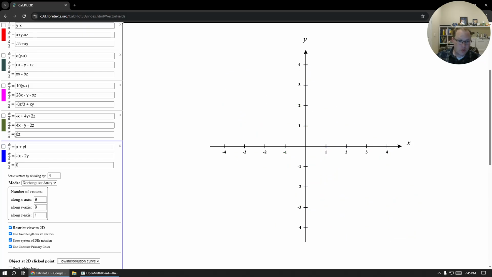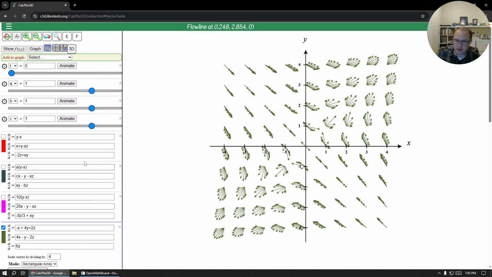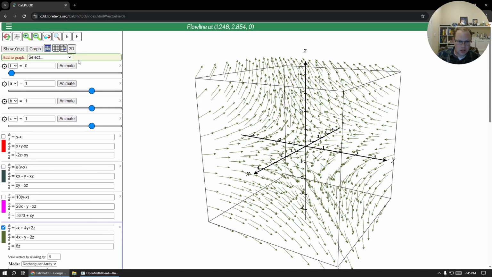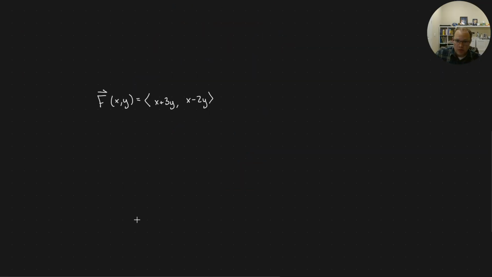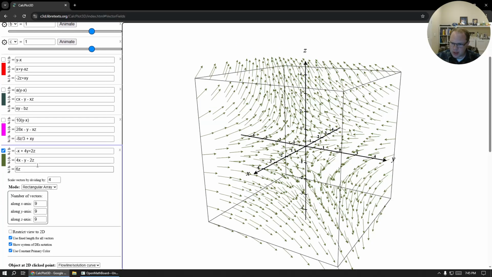Now, so far we've only seen two-dimensional vector fields, but three-dimensional vector fields are possible, right? So for this particular vector field here, what do we have? We have a first component, a second component, and a third component. So let me just pull this over here so I can read it.